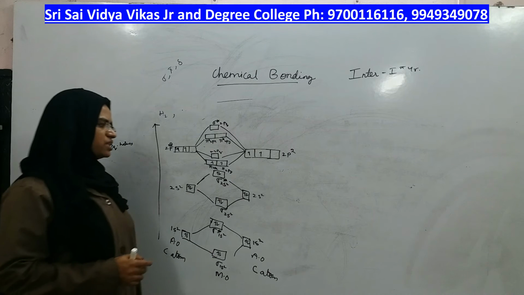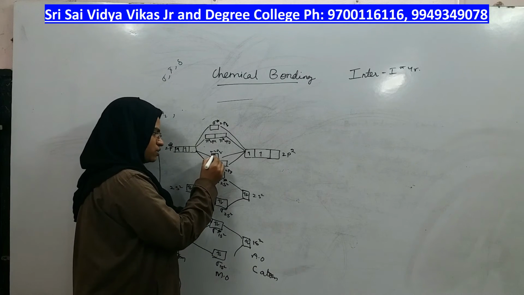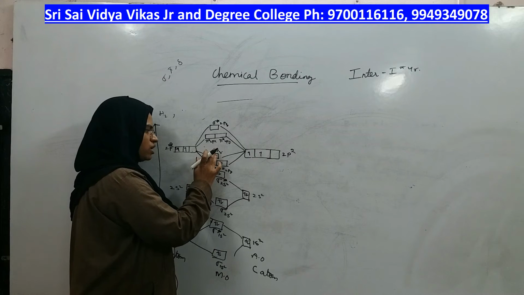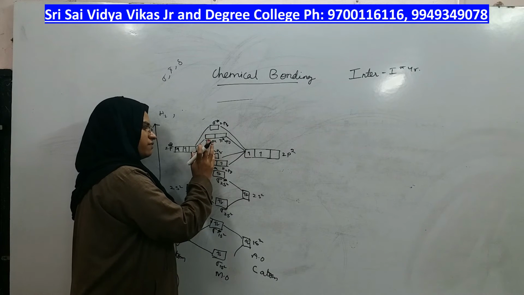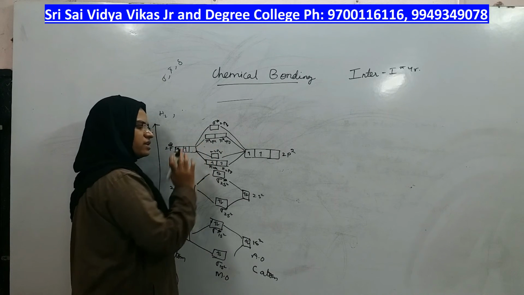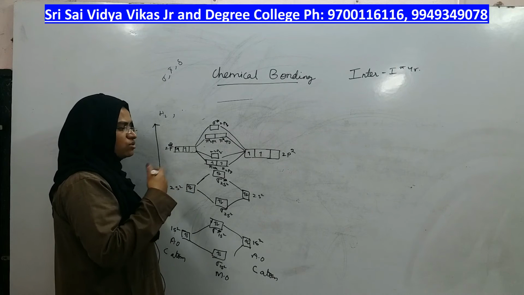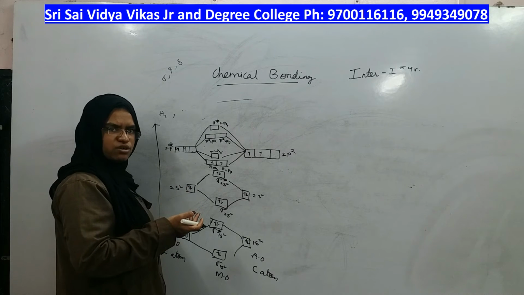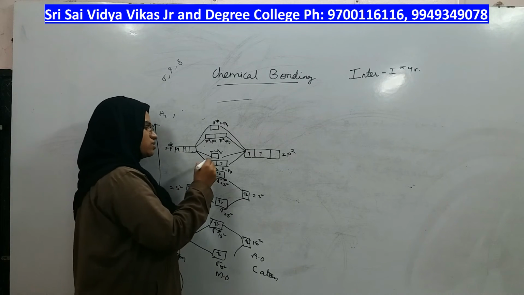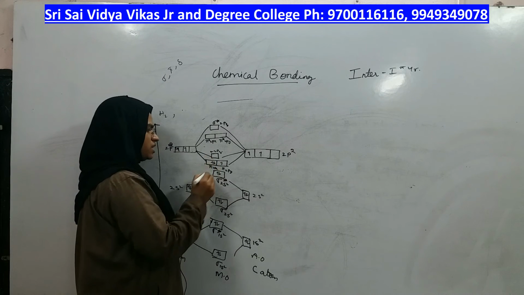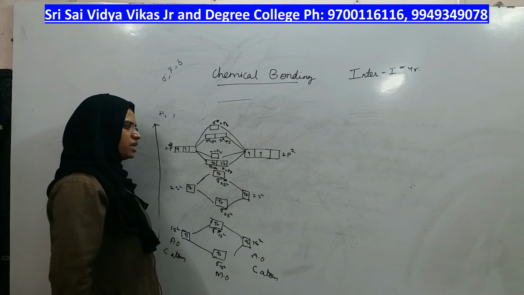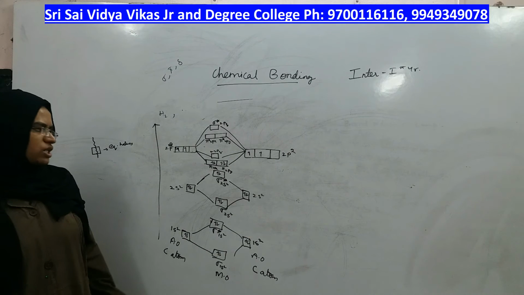Where should I add the next 2? Shall I add the next 2 here? No, I cannot do that, because until you pair the lower energy orbitals, you cannot go to higher energy orbitals. That rule we already know. So the next 11th electron comes here and the 12th electron comes here for the carbon molecule, right?